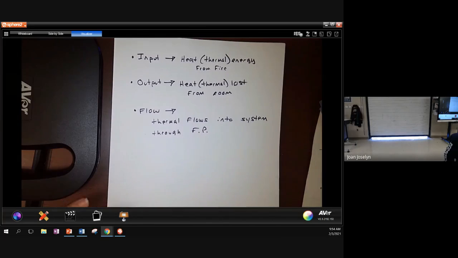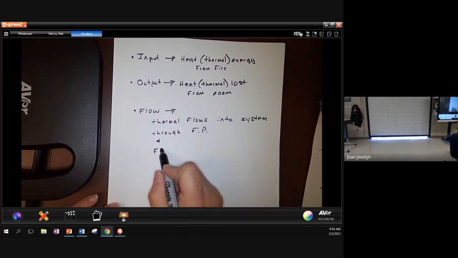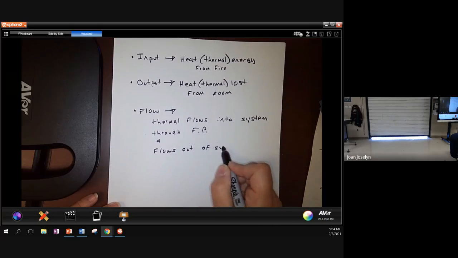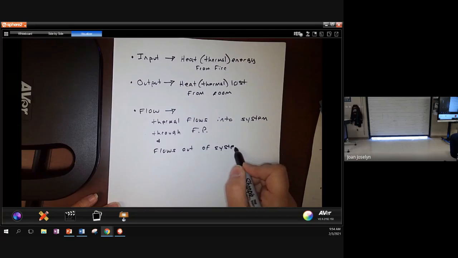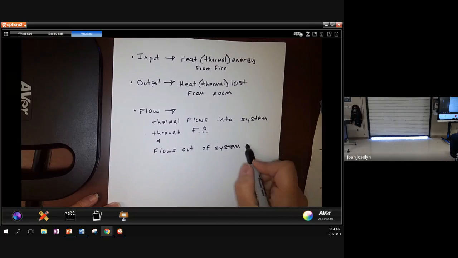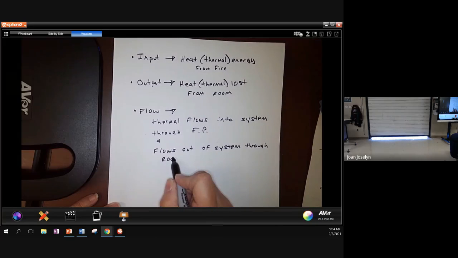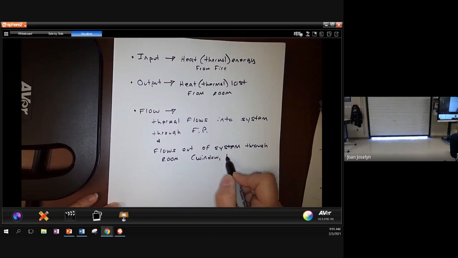FP is fireplace. And it flows out of your system through the room. Like a window or a door.